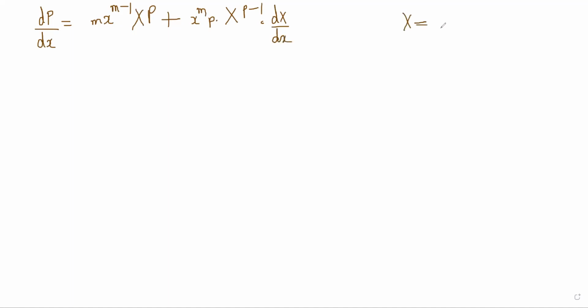And since capital X was a plus b x power n, you have d capital X by dx is equal to n b x power n minus 1, right?